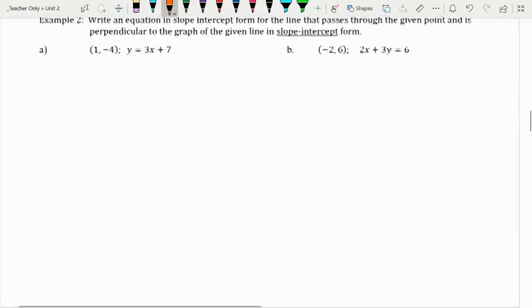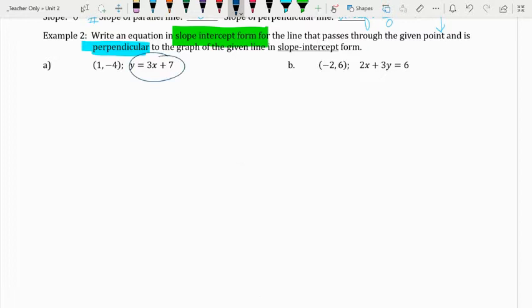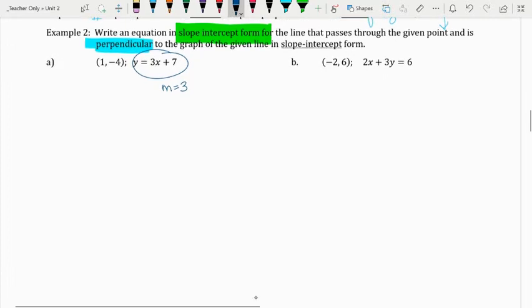All right, so this time we are going to do the same thing, except we are going to find the perpendicular. Okay, so we did slope-intercept form as our final answer, but we want perpendicular to the line. So this is actually the same two equations, right? So this is the equation we used earlier, and we found the slope to be 3. This time, I want perpendicular slope.